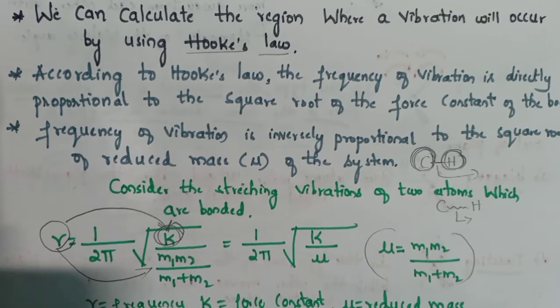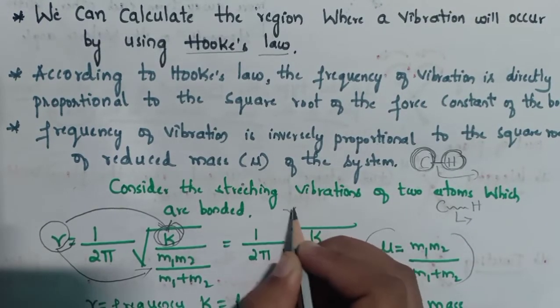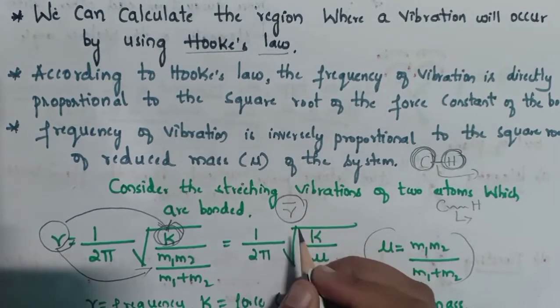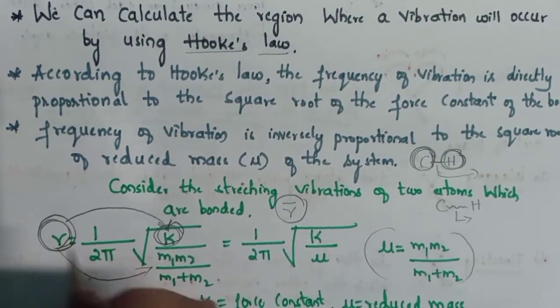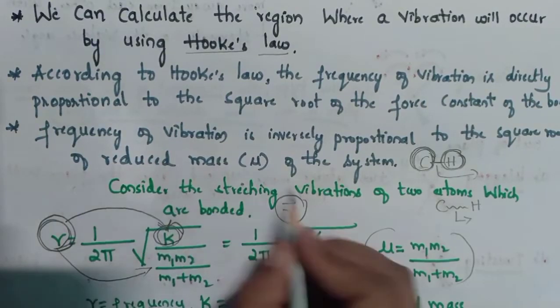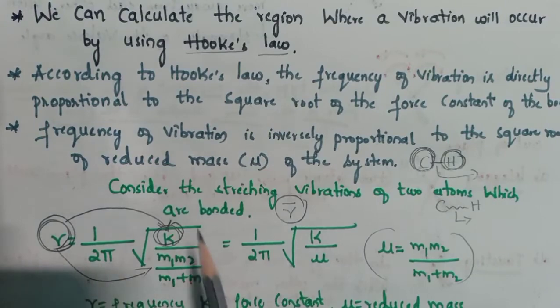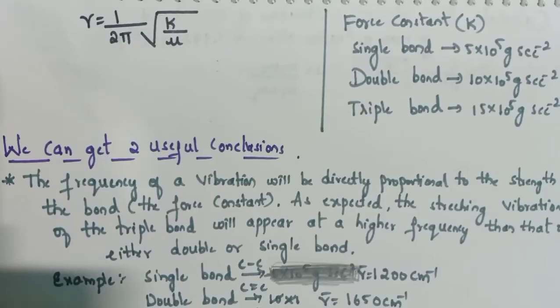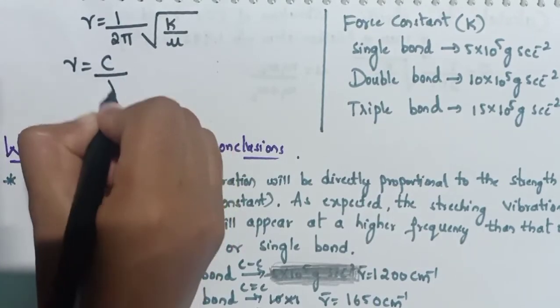We know that in infrared spectroscopy we consider the values of frequency of vibration in wave number, that is nu bar. But here it is given in nu, that is frequency. We have to convert this nu into nu bar, frequency into wave number. We know that nu is equal to c by lambda.